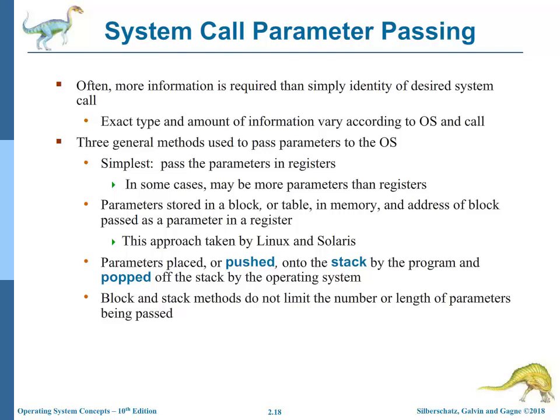In Linux, if there are more than 5 parameters, the block method is used. Parameters can also be pushed onto a stack by the program and popped off the stack by the operating system. Some operating systems prefer the block or stack method because the number or length of the parameters being passed is not limited.